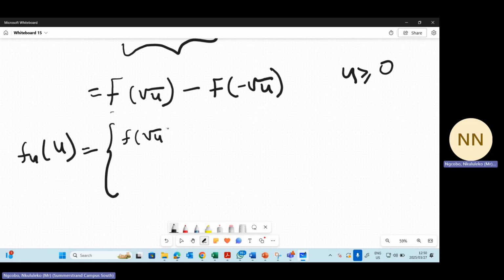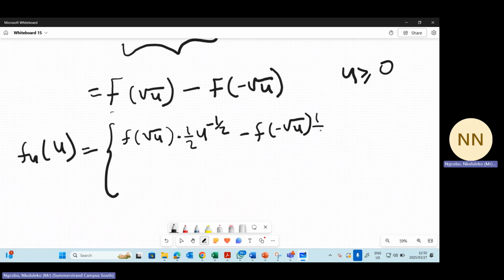So f of square root of u multiplied by the derivative of square root of u, this is just half u minus 1 over 2, then minus f of now the square root of u. Also, you do the same thing. Now you integrate the inner function, which is minus the square root of u, right?